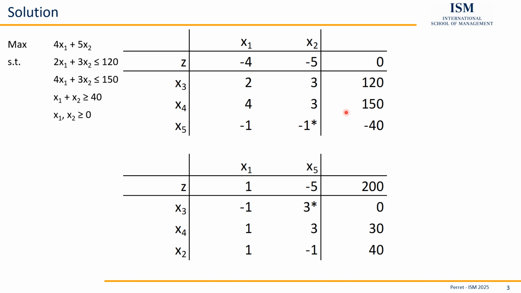So we have three minuses, 2 cancel each other out. So we have 150 minus 3 times 40, so minus 120, giving us the 30. For this 120, we go 120 minus 3 times -40 divided by -1. Again, 3 minuses, so 120 minus 120 gives us 0.